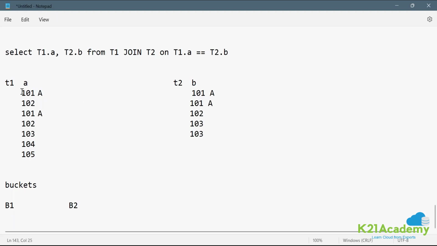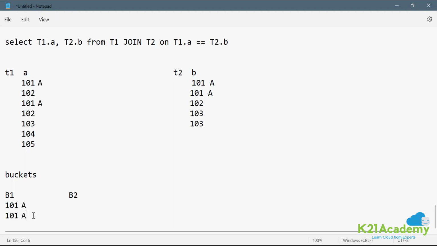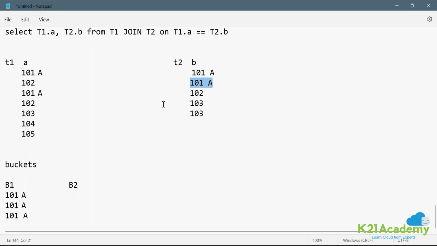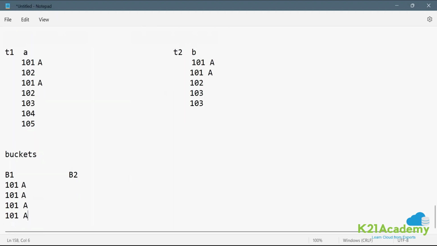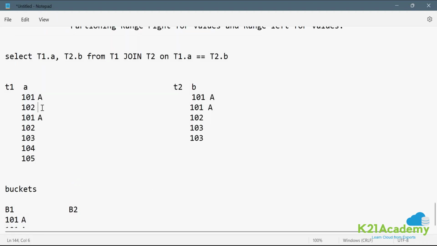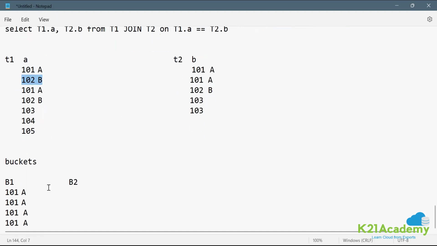Correct? All the rows with the same hash value will be taken and put into the same bucket. Calculate the hashes here. Let's say the hash is B, B, B. Take all the rows and put them in the bucket B2.